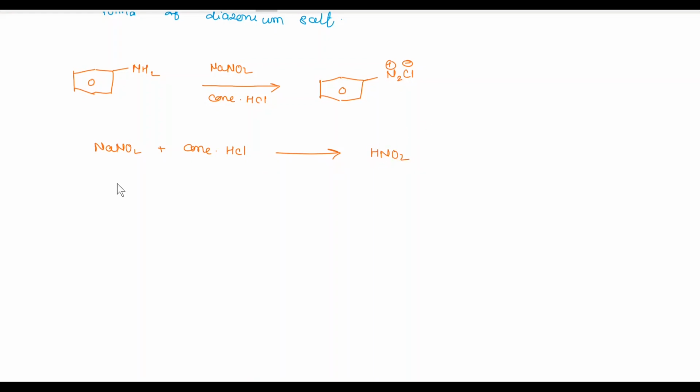HNO2, and two molecules of HNO2 react with each other and give dinitrogen trioxide.